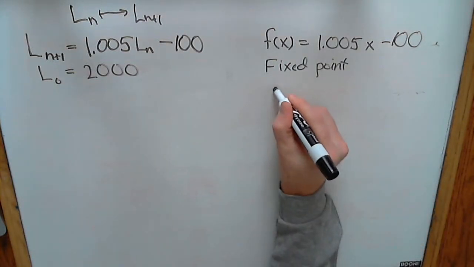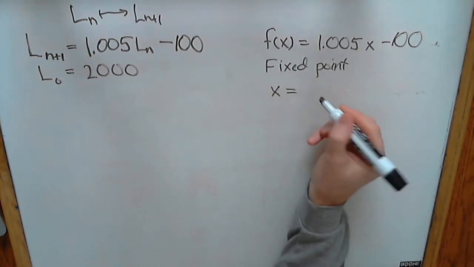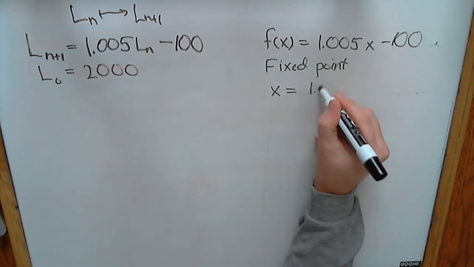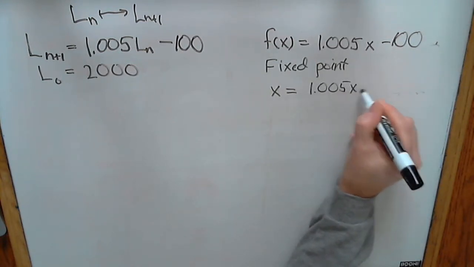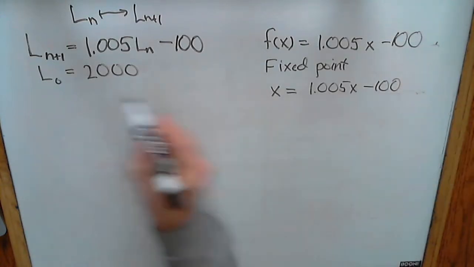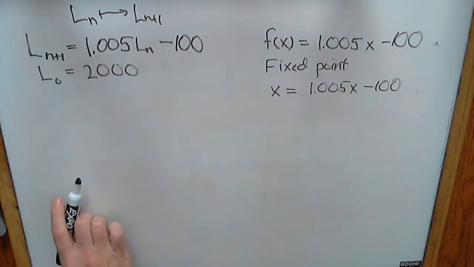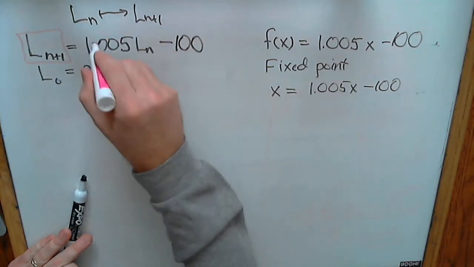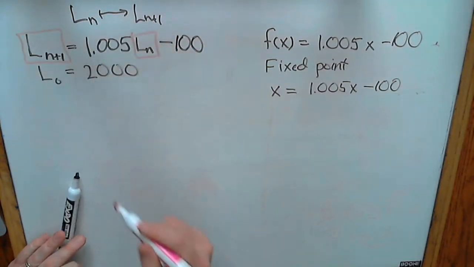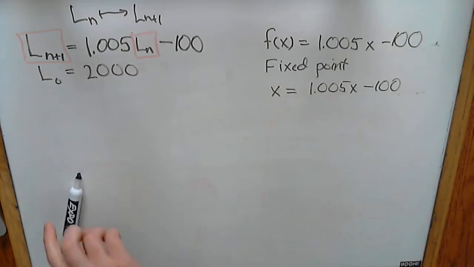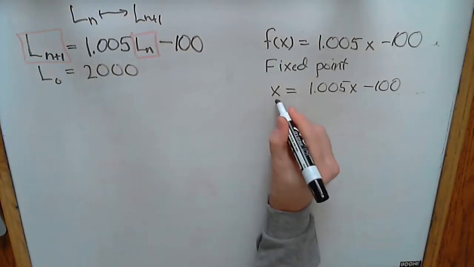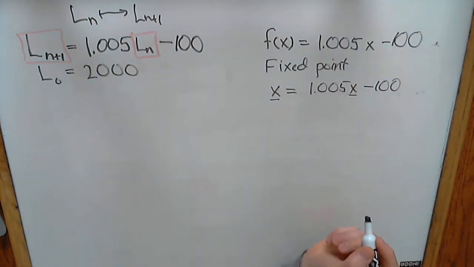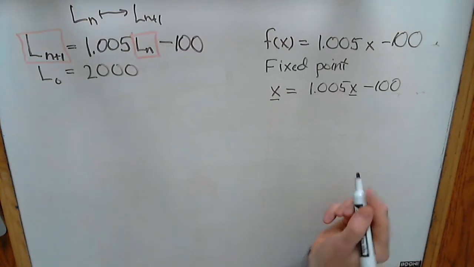I would solve the fixed point equation where x equals 1.005x minus 100. What we're doing is we are taking both of my loan values, my new balance and my old balance, at equilibrium, they're the same thing. And so now I'm going to solve.